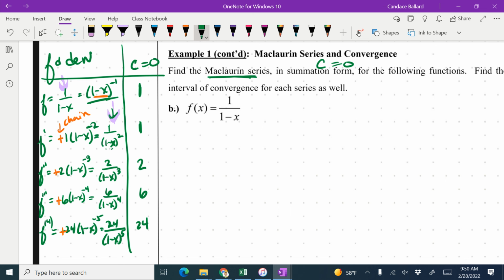But I had a negative there last year. What did I do wrong? Did I miss the chain rule? Maybe I missed the chain rule last year. I think I did. So I see a negative. Yeah, I don't think I did the chain rule last year like I was supposed to. Okay, we're good, I think.